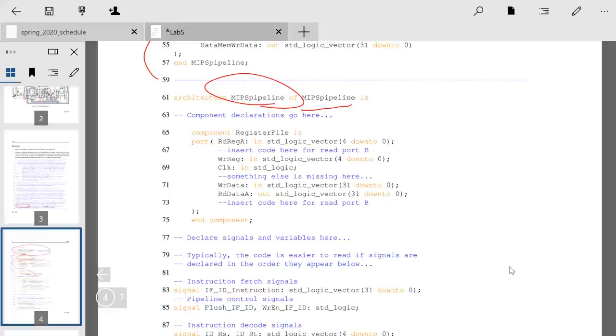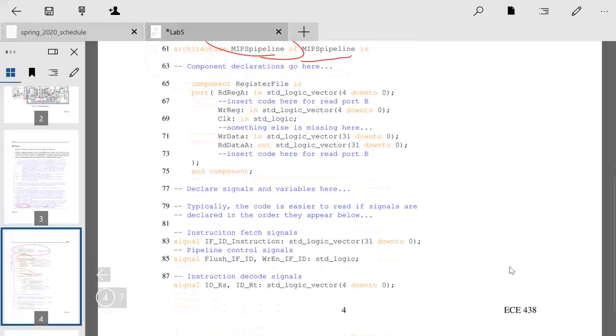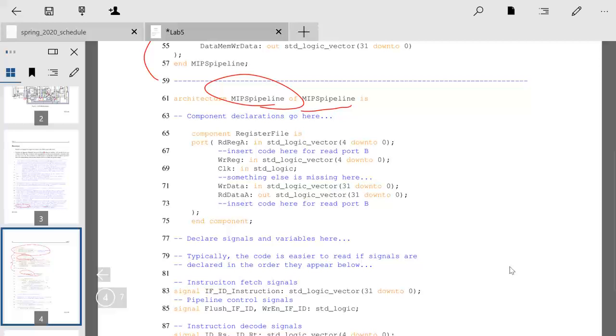All right. So then we have all of our component declarations. I've provided only one for you, the register file, and it looks like I didn't even complete it. So you're going to have to go back and open up your register file and fill in these missing pieces of the component declaration. Likewise, you're going to have to put in all of the component declarations of your other components.